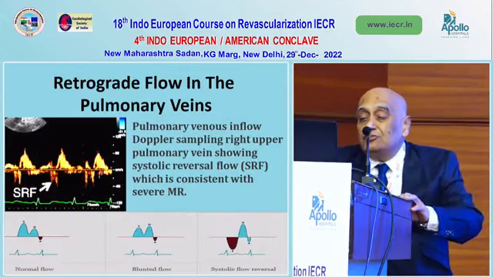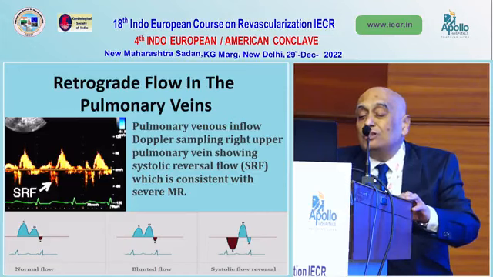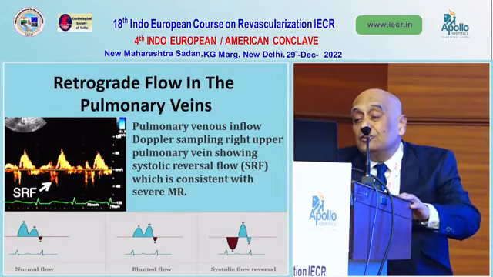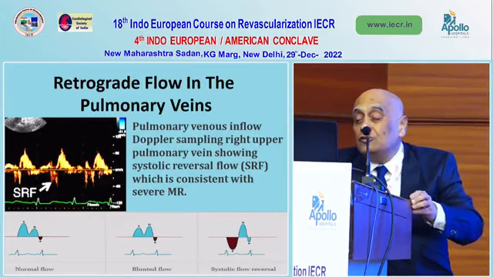Another method you can use is to look at the flow in the pulmonary veins. It may not always be possible to see the pulmonary venous flow on transthoracic echo, and it may require transesophageal echo.